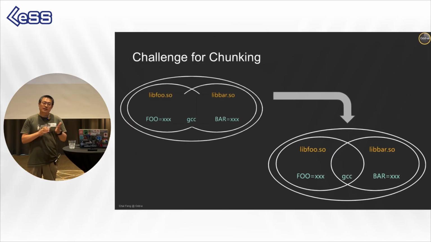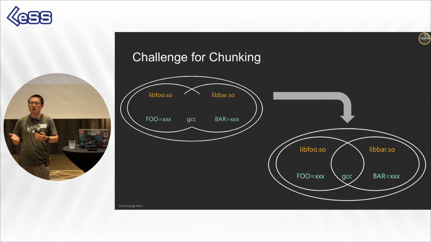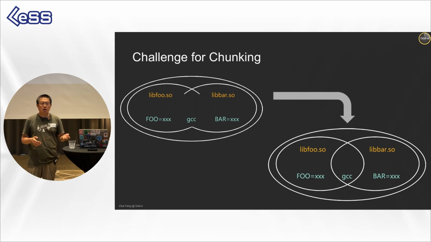So what is the fix? We must chunk the entire build context with precision. We need to think beyond just the source code. We must consider everything: the toolchains, OS libraries, environment variables, configurations.